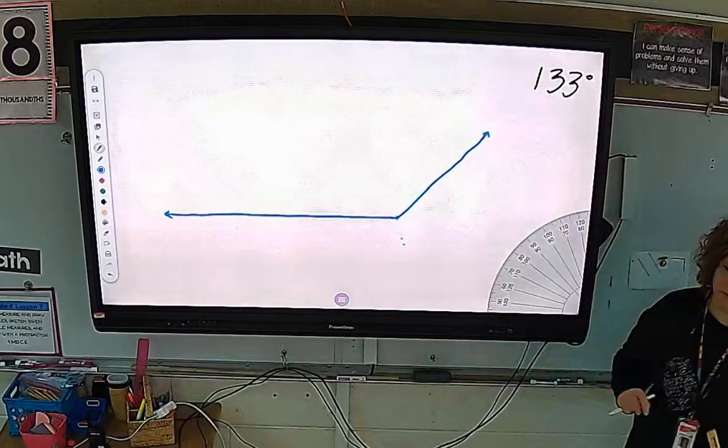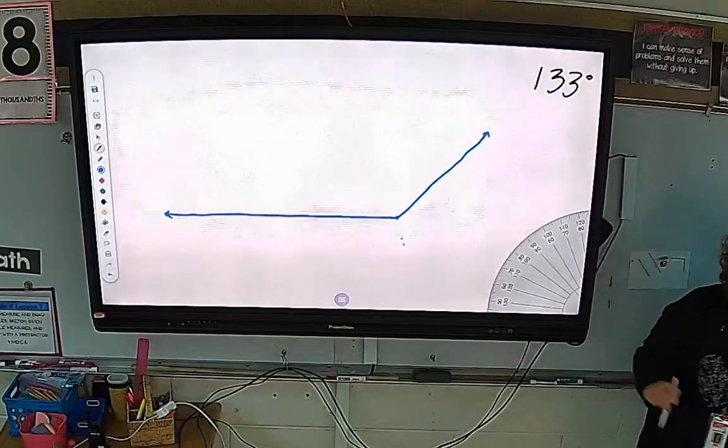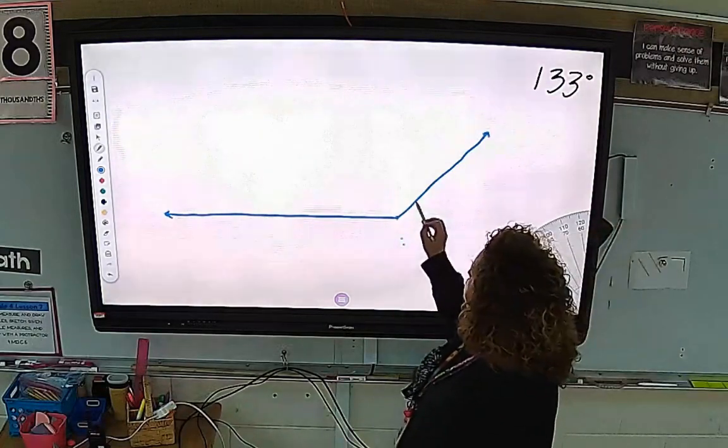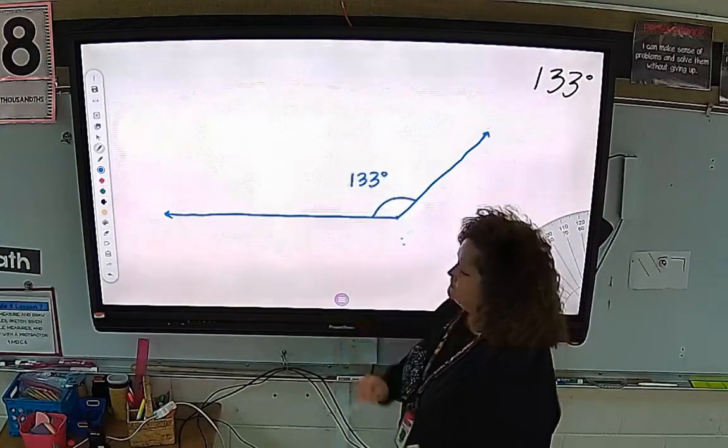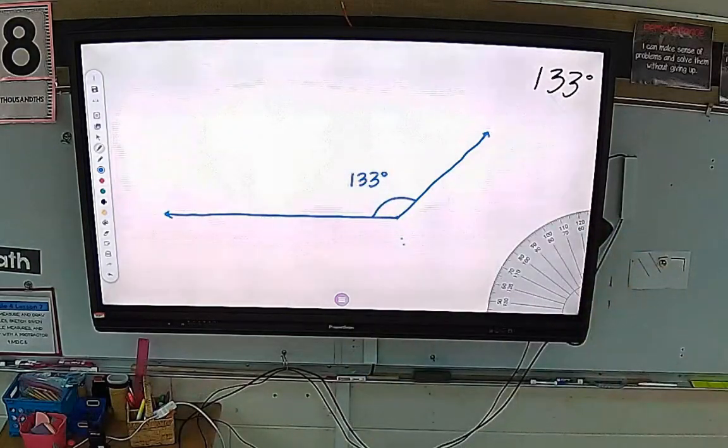Alright, and there we go. It's 133 degrees. I'm going to draw my arc, and I'm going to write my measurement. Okay. And this should be obtuse. This is 133 degrees.